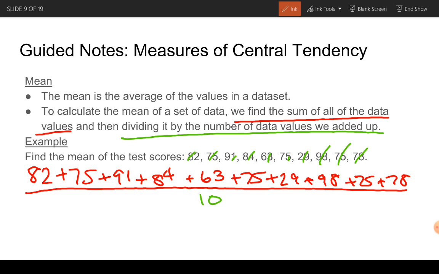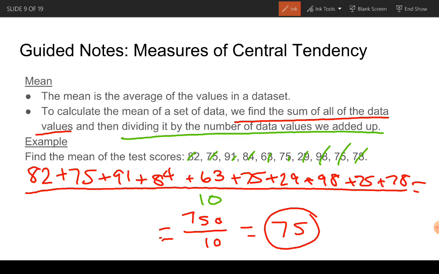And those numbers would add up to 750, all divided by 10. And when we do 750 divided by 10, we get 75 as our answer, and that is the mean, or the average value of all these numbers listed in our data set.